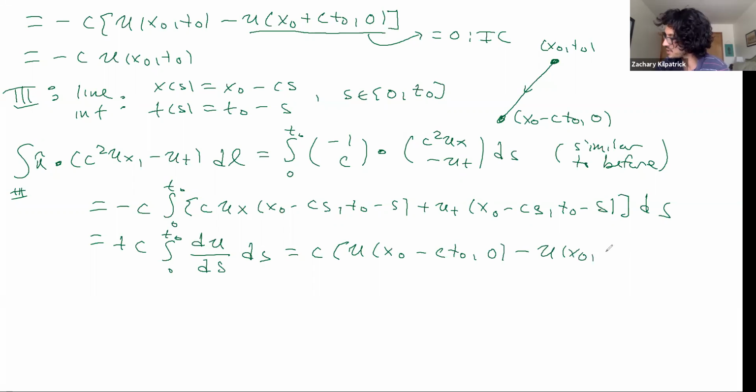I'm going to get this additional term now of another term of minus u of x0, t0. This thing here is going to be 0 because of initial conditions, okay?